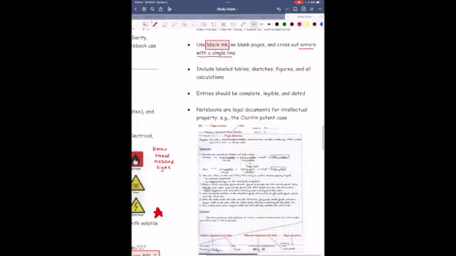Your lab notebook should include tables, sketches, figures, and calculations. Entries should be complete, legible, and dated. And just remember that lab notebooks are legal documents, and legal documents are necessary to establish a patent.